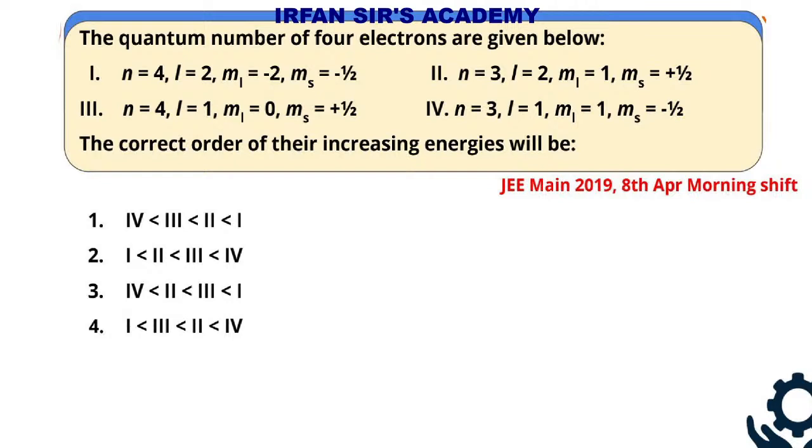Asif Nabi, 3. We'll see what will be the answer. What is the value of n equal to 4, L equal to 2, and ml equal to -2? You can write ml or ms, that same magnetic quantum number. Zarka Rafiq, 4. Most of the students are giving the answer 4.